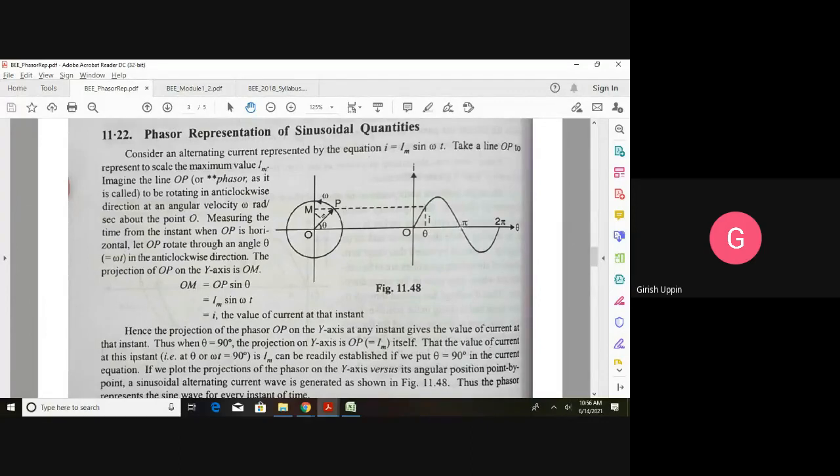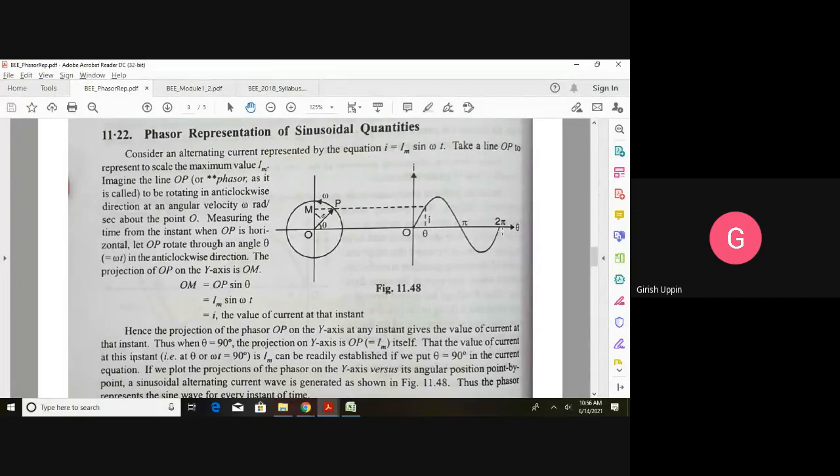If I continue to rotate the phasor to 270 degrees, the projection on the y-axis is again the peak value, represented here. Whatever projections I get on the y-axis, I plot, which is exactly a representation of a sinusoidal waveform.